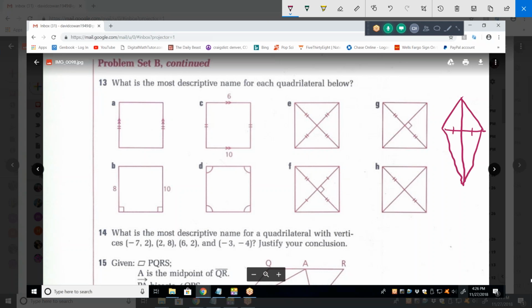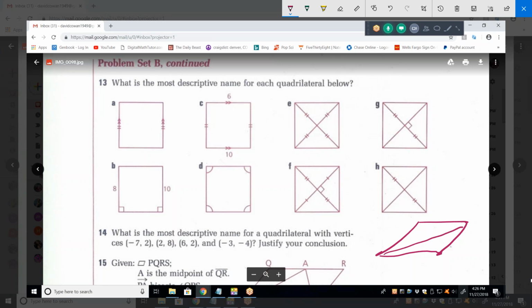So much for a kite. It's not a kite. You said a rhombus. If I draw a rhombus in the form of a parallelogram, yep, we know that that's the same as that, and that's the same as that, and they're not equal. So, yeah, rhombus. How about G?